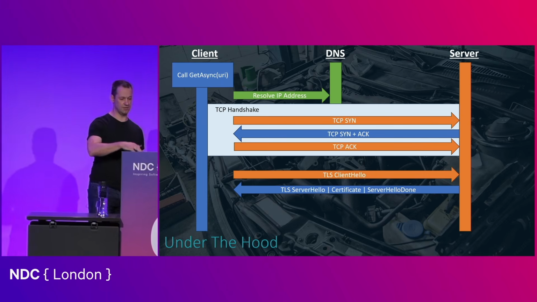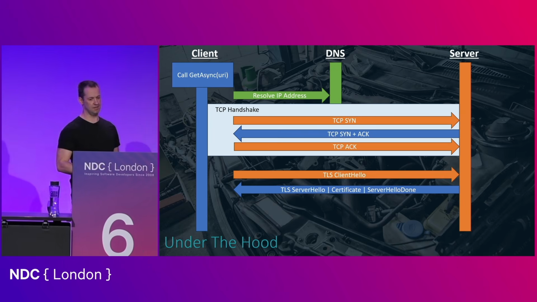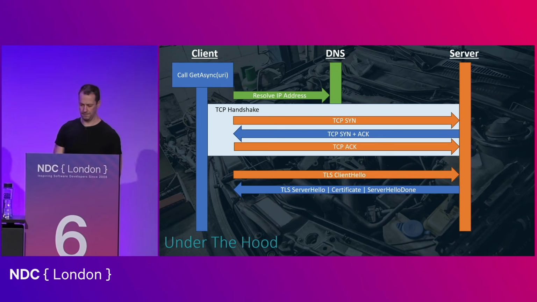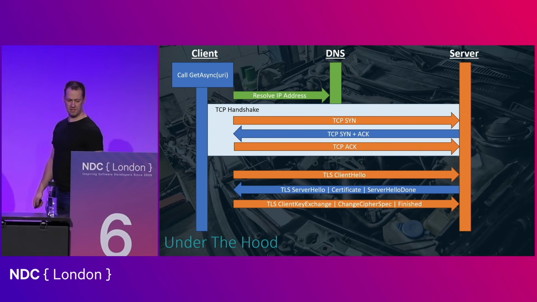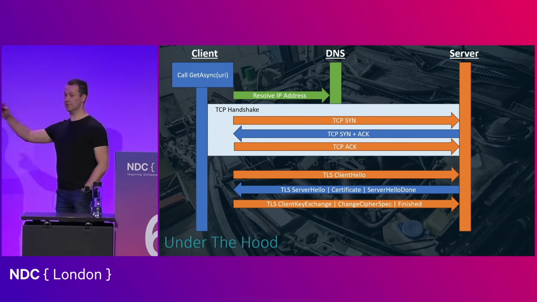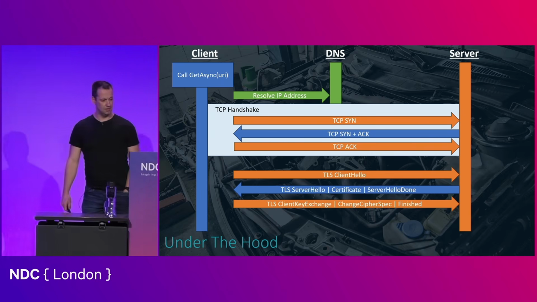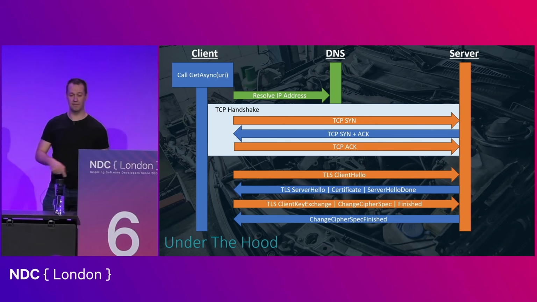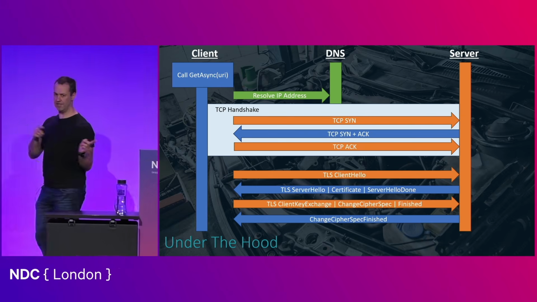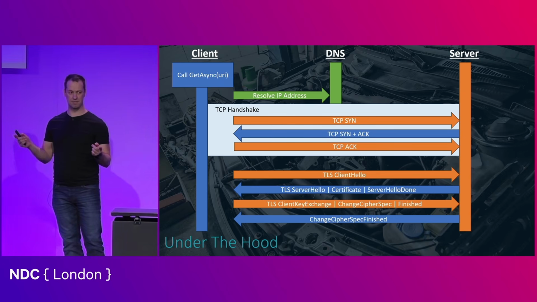Directly following that, your server also sends a digital certificate to the client. The client validates the certificate, sends an encrypted pre-master secret back to the server. The server decrypts that pre-master secret, sends the session key back to the client, and from that moment on, all the data that goes back and forth gets encrypted and decrypted.